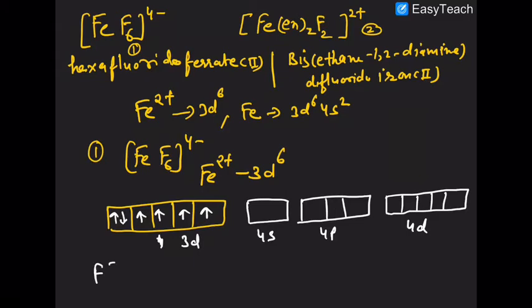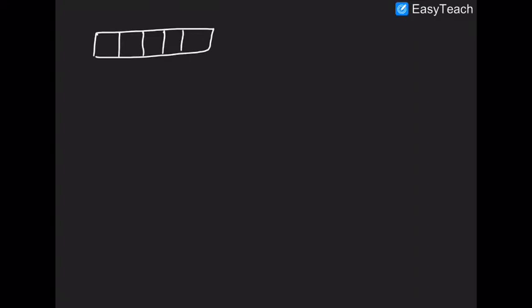Now fluoride ion is a weak ligand. If it is a weak ligand, it can't do what? Pairing of electrons. So it can't do pairing of the electrons, and electrons here remain unpaired.